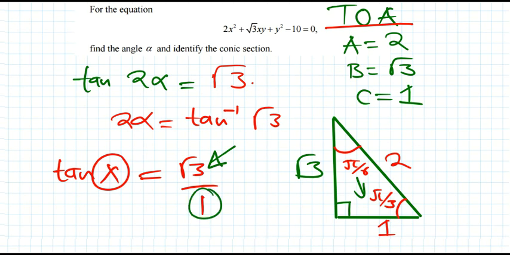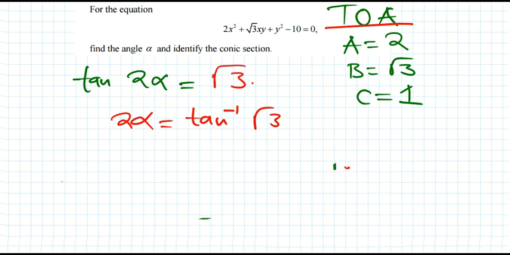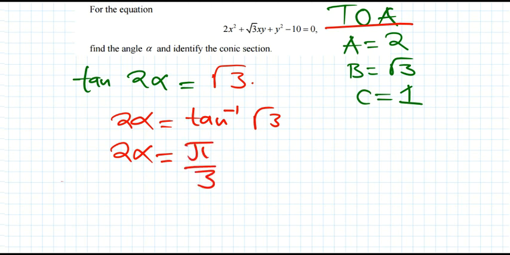It's pi over 3, right? You can also use a calculator to find that. So pi over 3, and then you divide by 2 on both sides. Your alpha is going to be pi over 6.